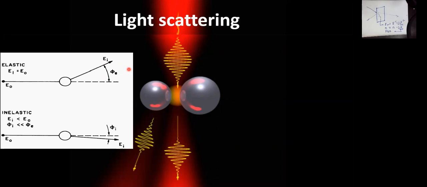However, in the inelastic scattering, you have a change in both energy and phase. That's why we call this an inelastic scattering. Of course, the output energy will be less than the input energy, because in this collision process, you lose some energy. Accordingly, your energy changes.